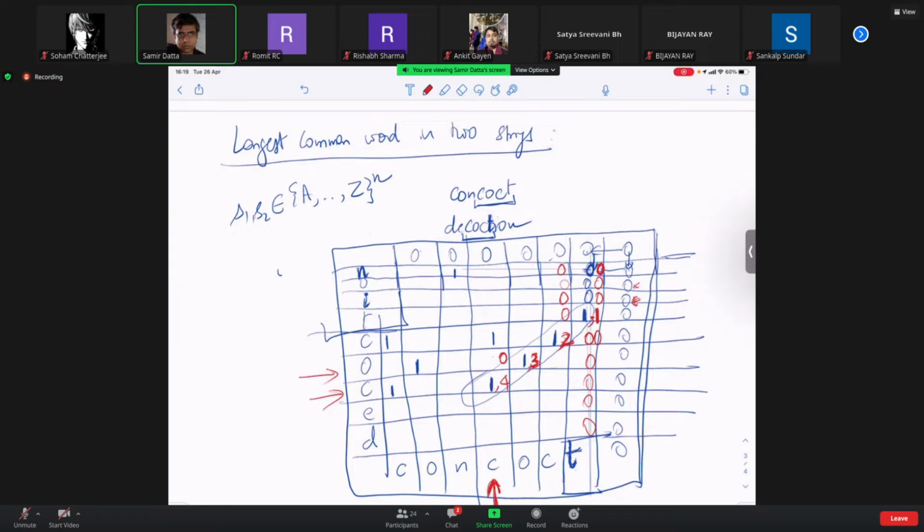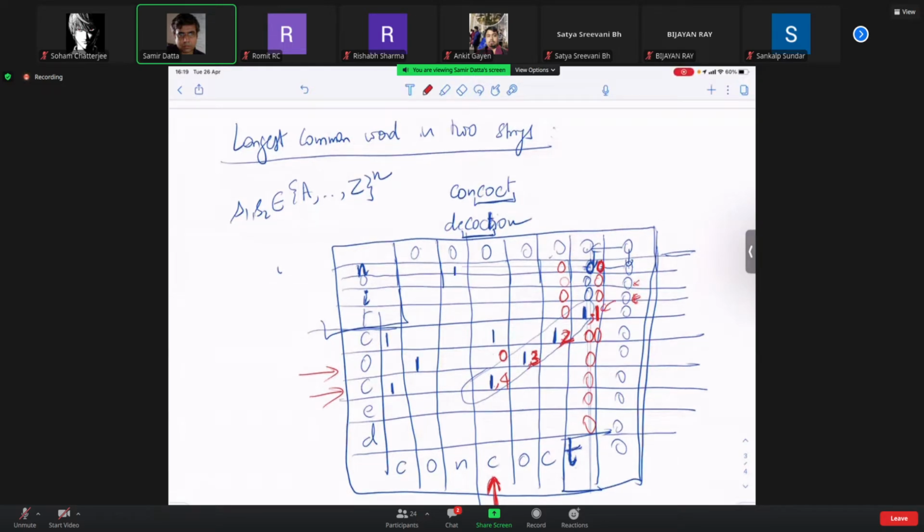As you fill the table, you can maintain the pointer to the maximum length that you have found. So when you found this one, this was the maximum. Then this became the maximum. Then this became the maximum. Then this became the maximum. And these ones will not count because they are smaller than the maximum. And so on. Correct? Are you with me?